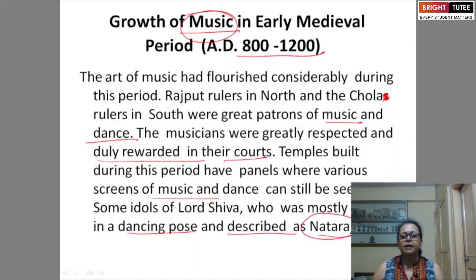The dancing pose of Lord Shiva is described by poets, narratives and didactic tales, and the statue in a different pose of Lord Shiva dancing is given the name Nataraj.